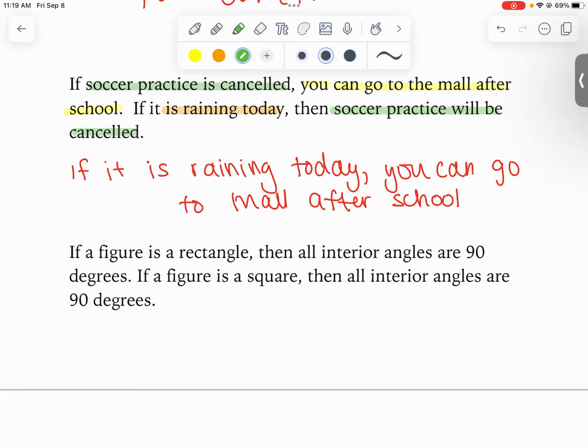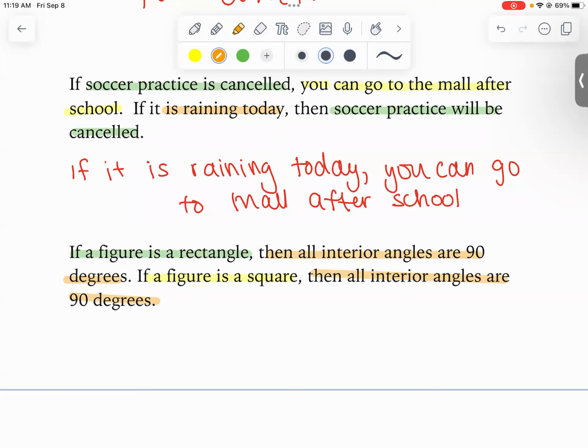Now, what about this one? If a figure is a rectangle, then all the interior angles are 90 degrees. If a figure is a square, then all of the interior angles are 90 degrees. Is this in the order we need it to be? No. What matches?